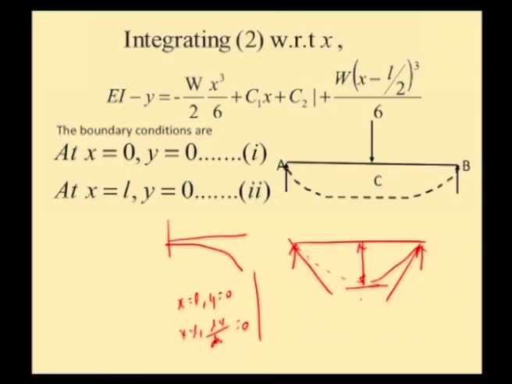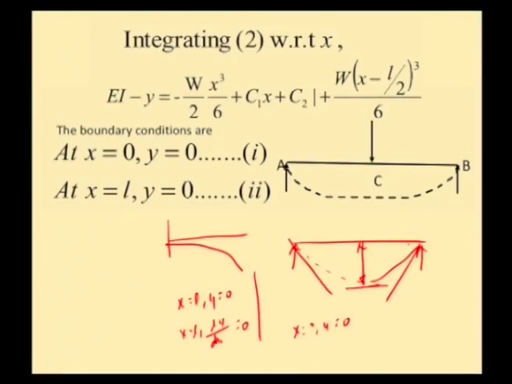Now, the boundary conditions are, at x equal to 0, deflection is 0, which is very well seen from the way the beam deflects. Similarly, at x equal to L, y equal to 0. These two boundary conditions need to be substituted in the equations to get the constants of integration.